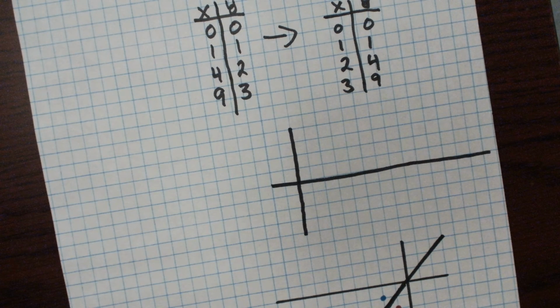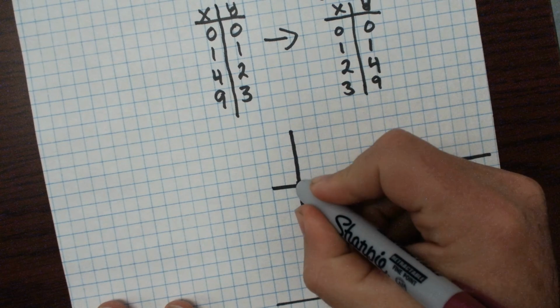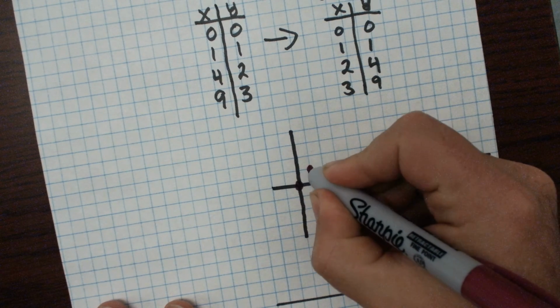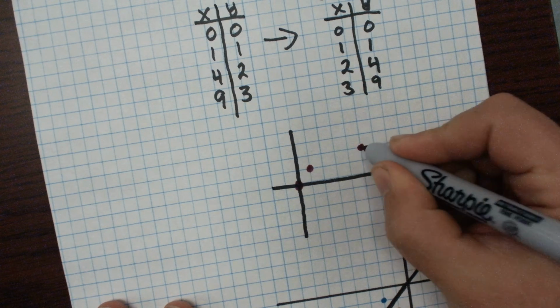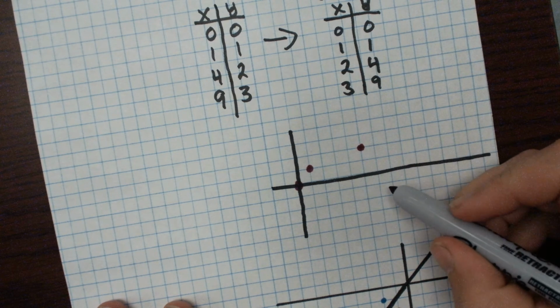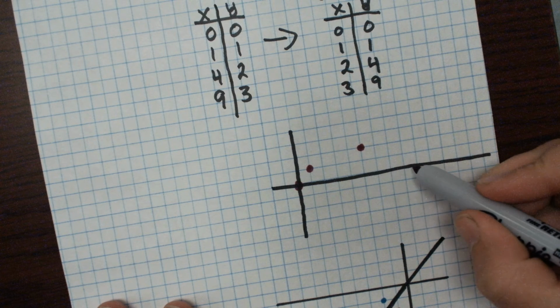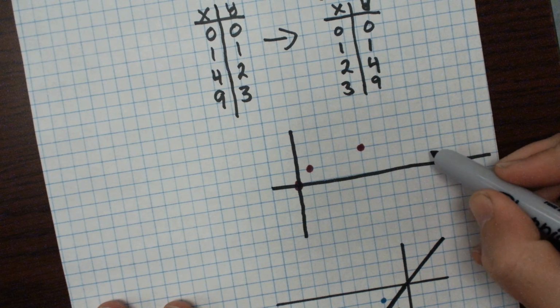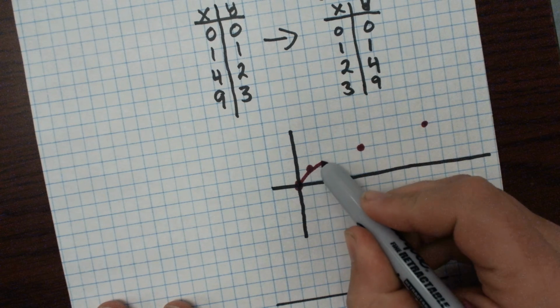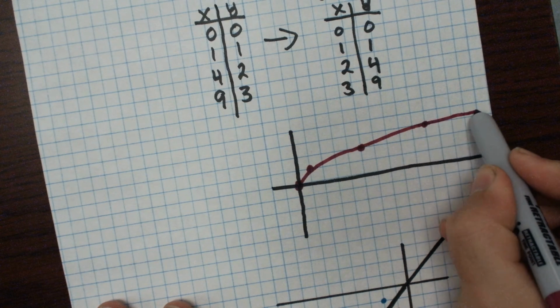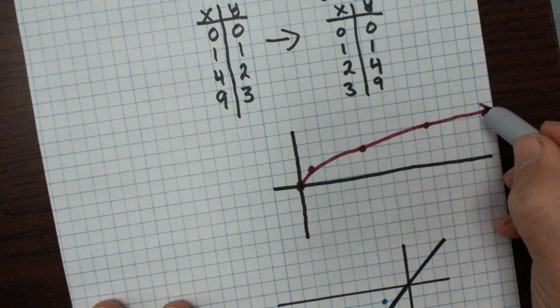I'll do that in pink. (1, 1), (4, 2): 1, 2, 3, 4, up 2. And then (9, 3). So that is the beginning of our square root function. It will look something like that.